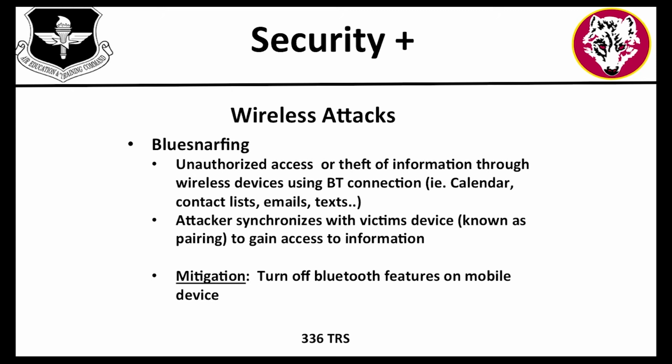They usually get this information to try to take in, or sometimes portray the actual user themselves. Those attackers will synchronize those devices using Bluetooth services to try to gain access to the information. This is kind of like the next stage, as we were looking at before. So once again, mitigation here is turn off Bluetooth features on those devices that have that as an option.